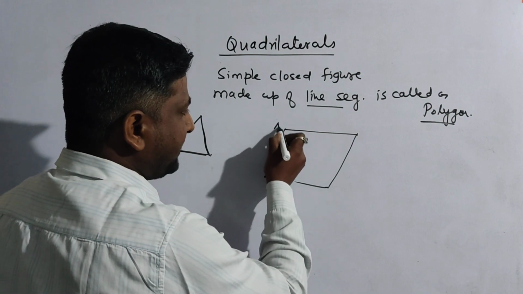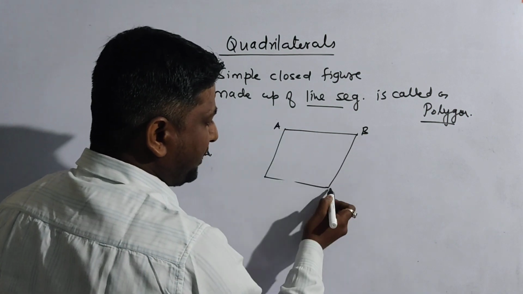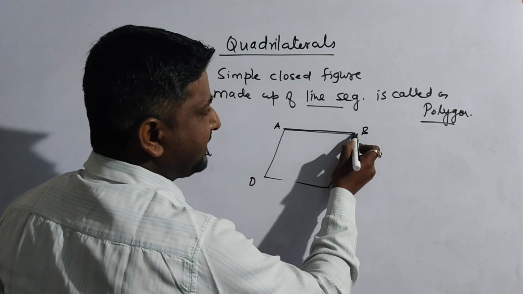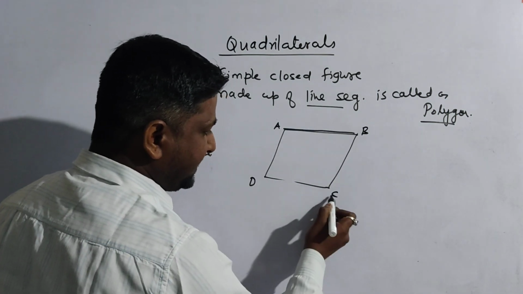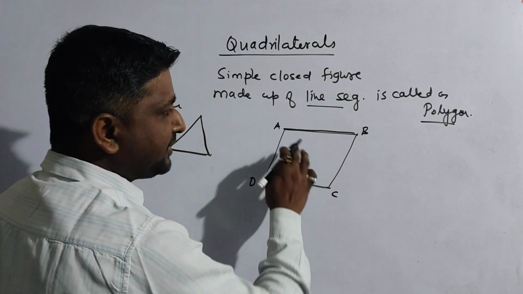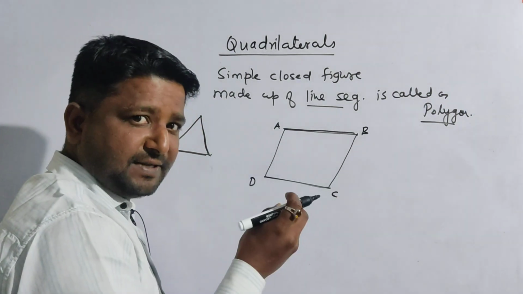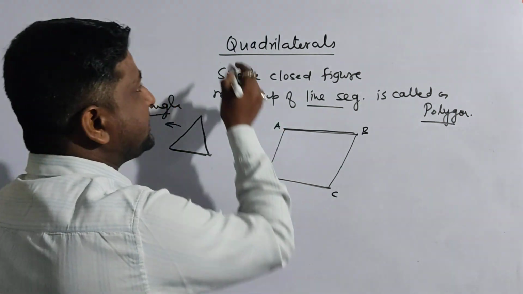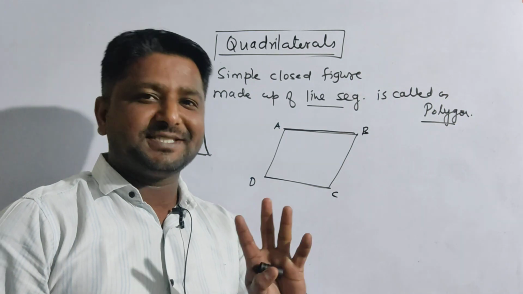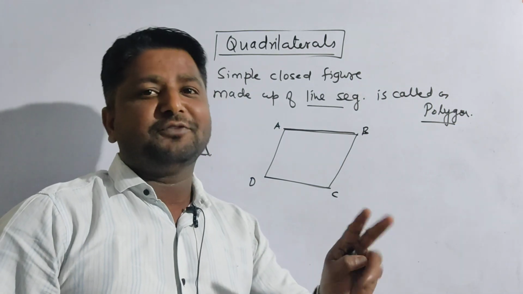So this is one point A, this is another point B, this is C, and this is D. If you join them, you get a segment AB, a segment BC, CD and AD. Now this is a closed figure made up of line segments. So that's definitely a polygon because it has 4 sides. We'll call this a quadrilateral. So I hope you have understood what a quadrilateral is: a polygon with 4 sides.